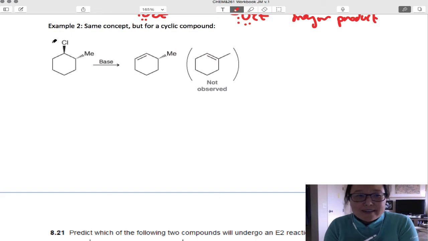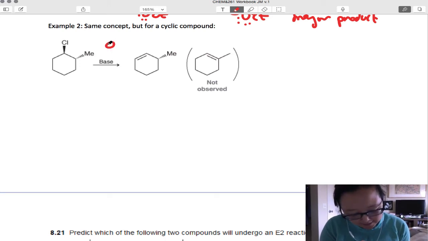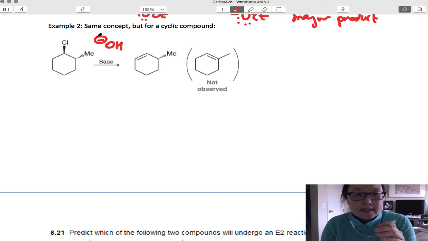Okay, so now we're down here, and the idea is the same. Let's say this is a strong base like hydroxide, and that leads us to believe this is an E2 elimination, because E1 happens with a weak base. And the new stuff here is that we want the antiperiplanar hydrogens.